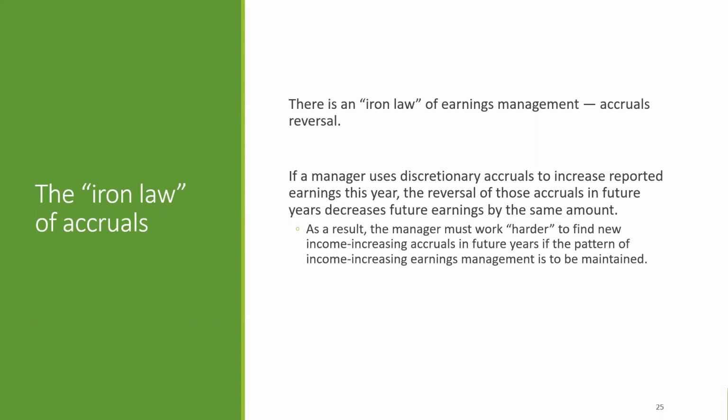So it's almost like the Red Queen effect. In order to stay at the same level, it's like running on a treadmill, right? If you're on a treadmill, in order to stay at the same spot, you have to run. And the more you engage in these discretionary accruals, the harder you'll have to keep finding additional discretionary accruals. And there'll come a point where you can't. You just can't, right? There's only so much earnings that you can move or revenues that you can move from the future to today, which, in a way, Enron found. That was part of the reason for the debacle at Enron.